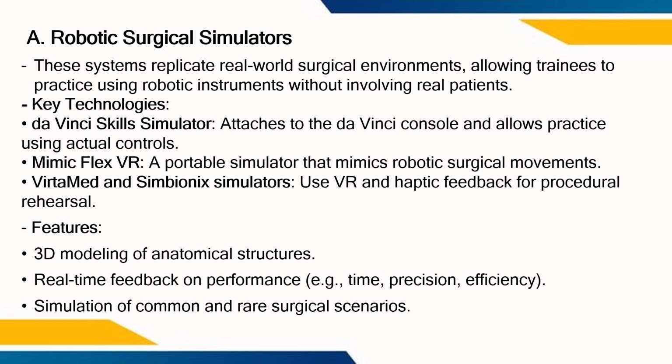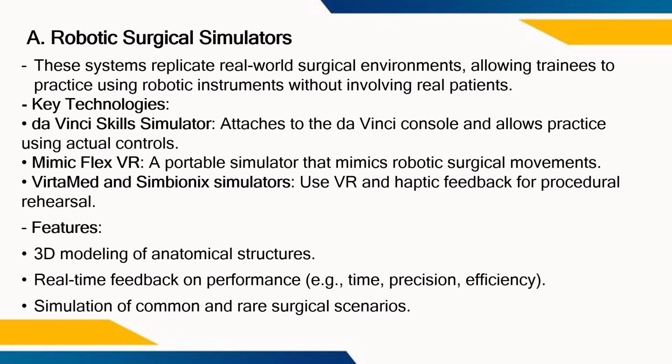Examples of these technologies are the Da Vinci Skills Simulator, which attaches to the Da Vinci console and allows practice using actual controls; Mimic Flex VR, a portable simulator that mimics robotic surgical movements; and Virtamed and Symbionic simulators, which use VR and haptic feedback for procedural rehearsal. So these are the three technologies mainly used in surgical simulators.